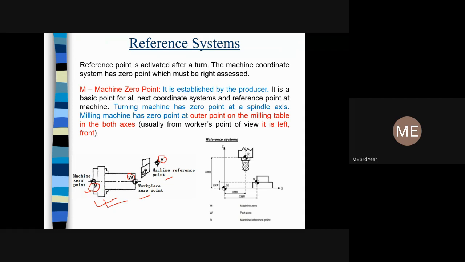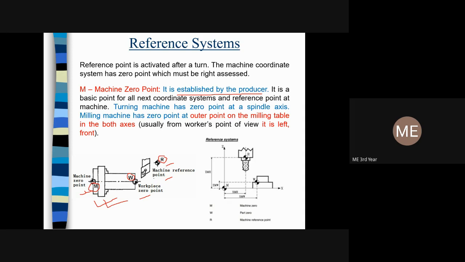This machine 0 point and the machine reference point or tool reference point are established by the producer. Who is the producer? The manufacturer of the company that is manufacturing this machine. You will not set these two reference points on your own.